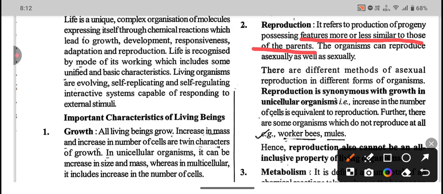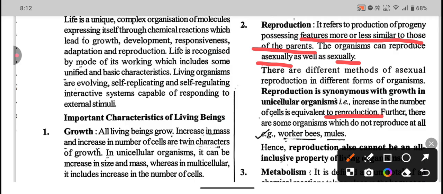Living organisms reproduce asexually as well as sexually. There are different methods of asexual reproduction in different forms of organisms. Reproduction is synonymous with growth in unicellular organisms, that is, increase in number of cells is equivalent to reproduction.